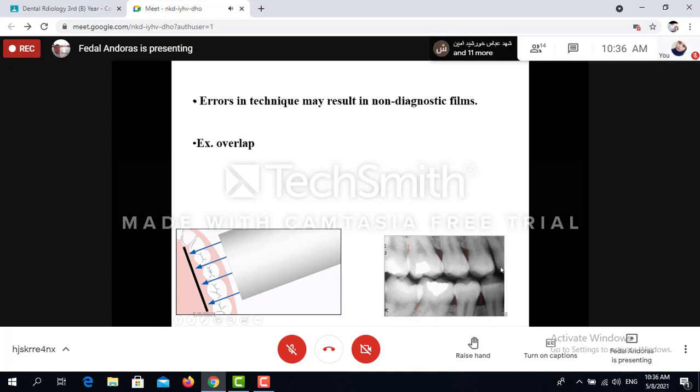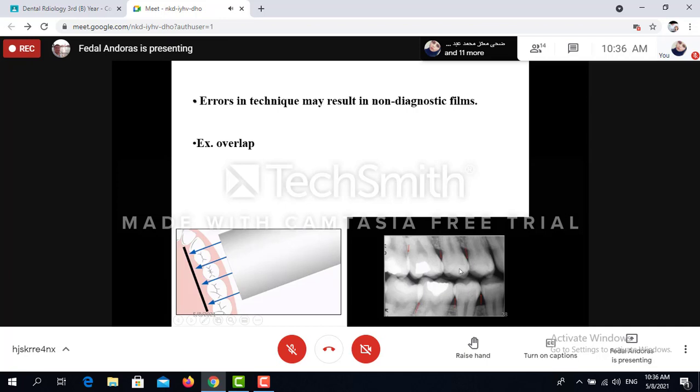There is no overlapping. You can see the enamel of both teeth, but see this, there is overlapping of the proximal surfaces of all teeth, and if there is any caries in this area, it will be hidden. You will not see it.